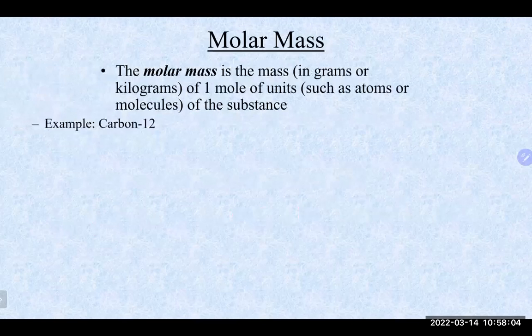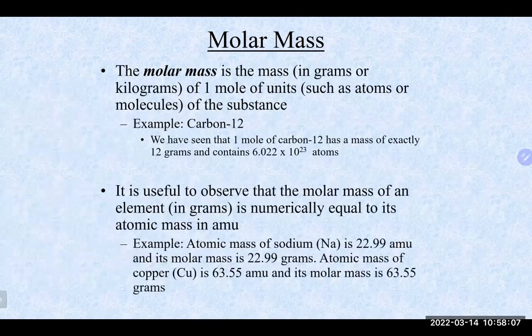Now, the other conversion factor that we use a lot in chemistry, and it is related to what we were just talking about off the periodic table, is what is known as molar mass. Molar mass is a really important conversion factor that we use in chemistry a lot. And molar mass has units of grams per mole. Basically, numerically speaking, the atomic mass of an element off the periodic table that we just talked about in AMU per atom is numerically equal to grams per mole.